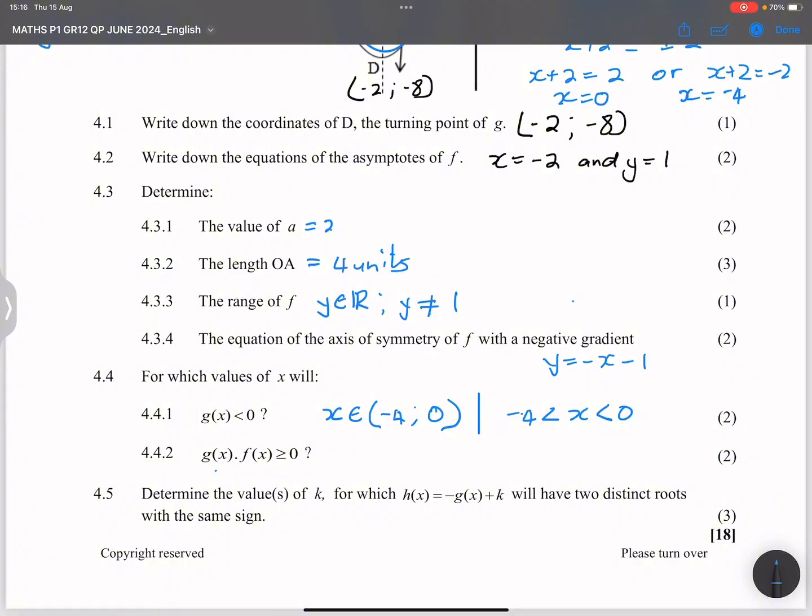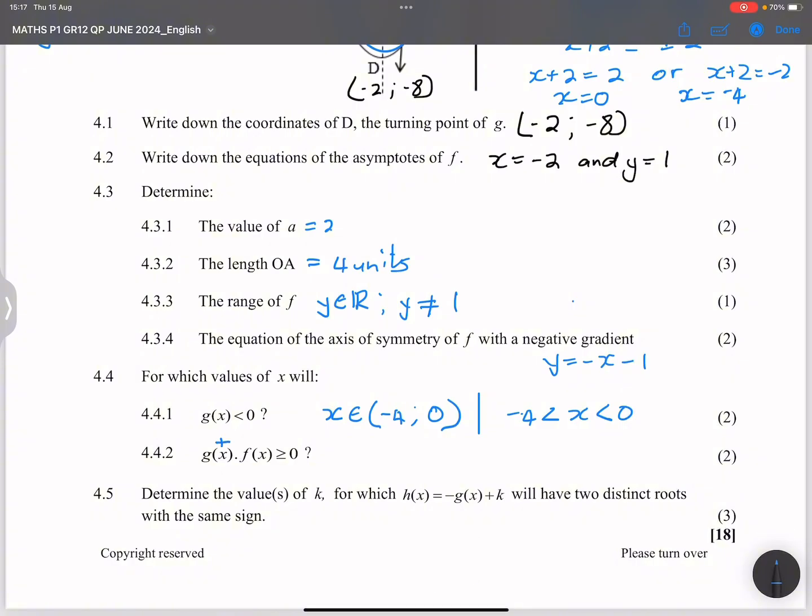So g of x multiplied by f of x is greater than or equal to 0. Now remember, what does this mean when I say greater than or equal to 0? It means that we've got a positive, right? Where is the product of the y values of both graphs going to give me a positive? Now remember, when do we get a positive value when we multiply two things?